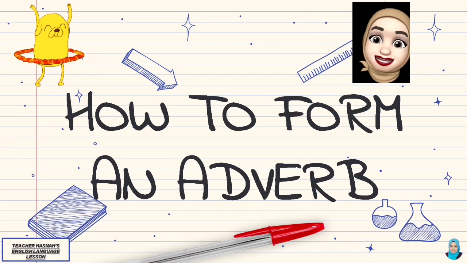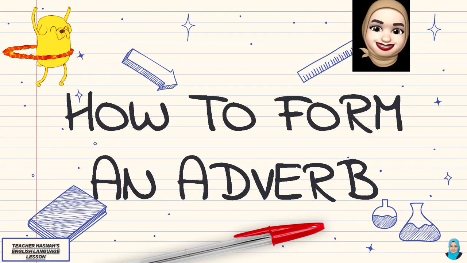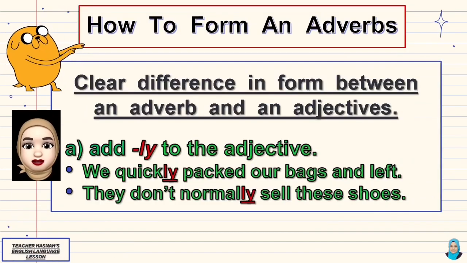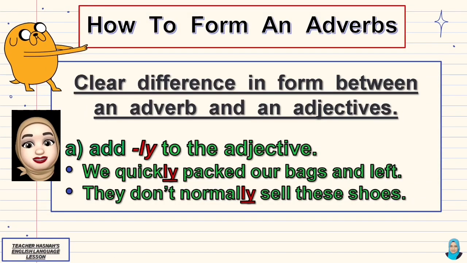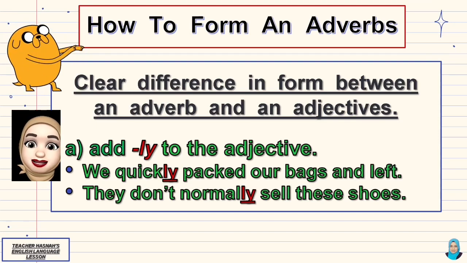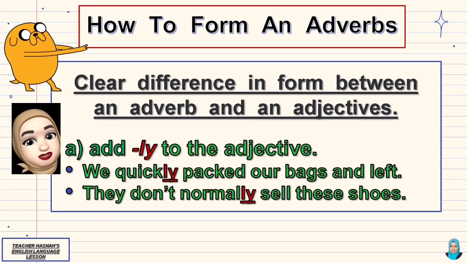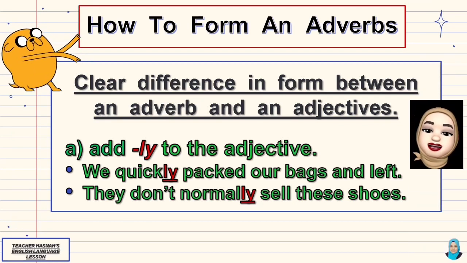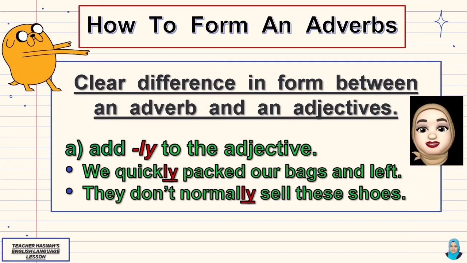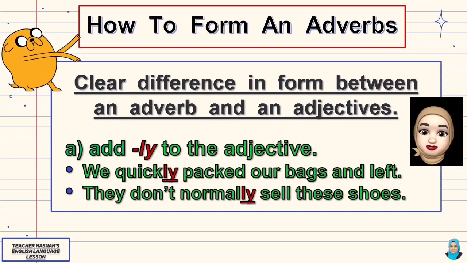Now, let's take a look at how to form an adverb. Please take note that there is a clear difference between an adverb and an adjective. Remember, an adjective says something about a noun.